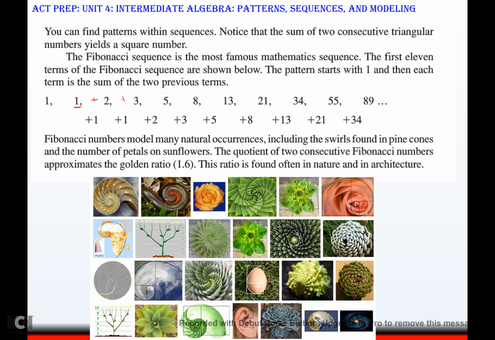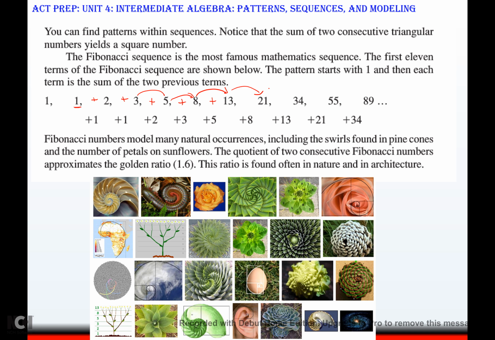If I add 2 plus 3, I get 5. If I add 3 plus 5, I get 8. If I add 5 plus 8, I get 13. If I add 8 plus 13, I get 21, and so on and so forth. So you add the two numbers in front to get the next number in the sequence.